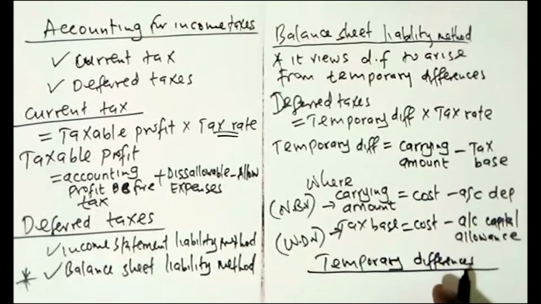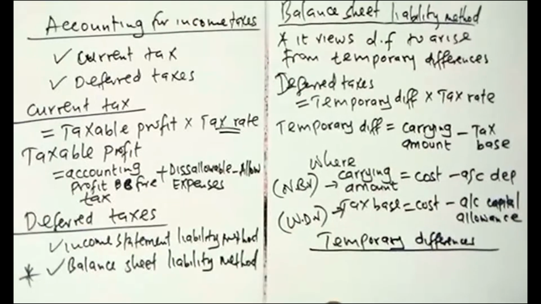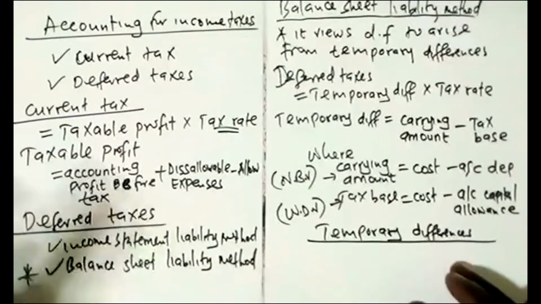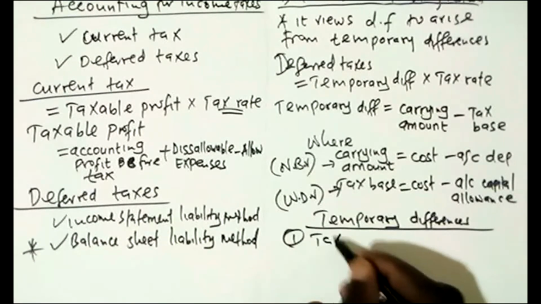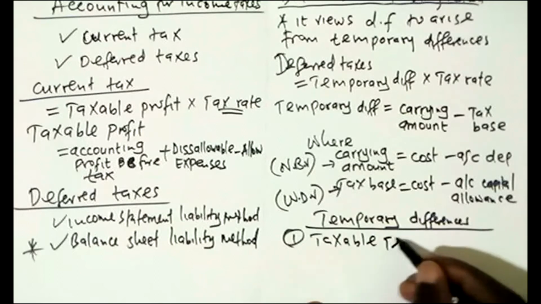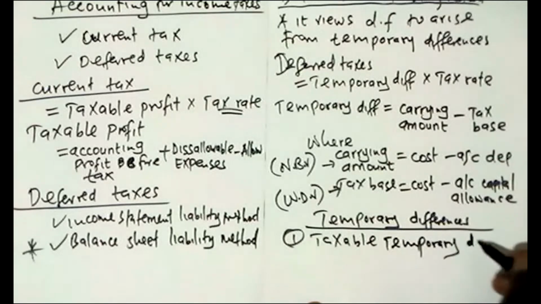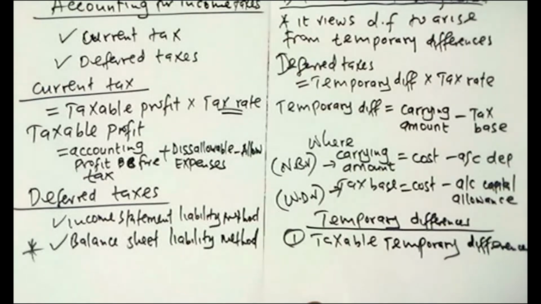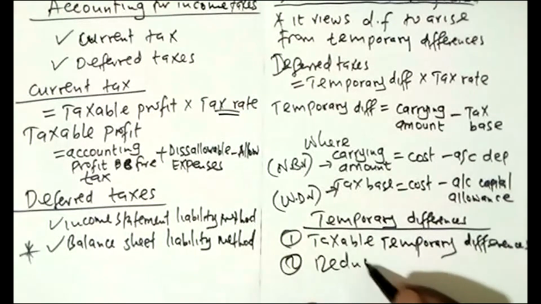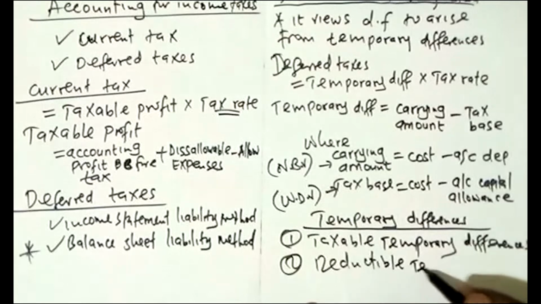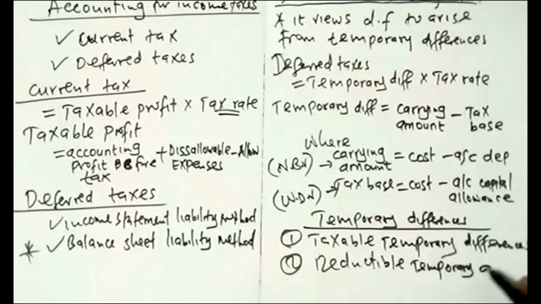The first one is the taxable temporary difference, and the second one is the deductible temporary difference.